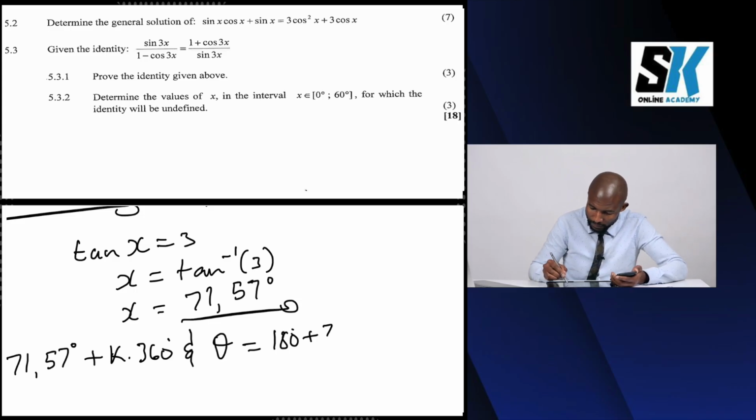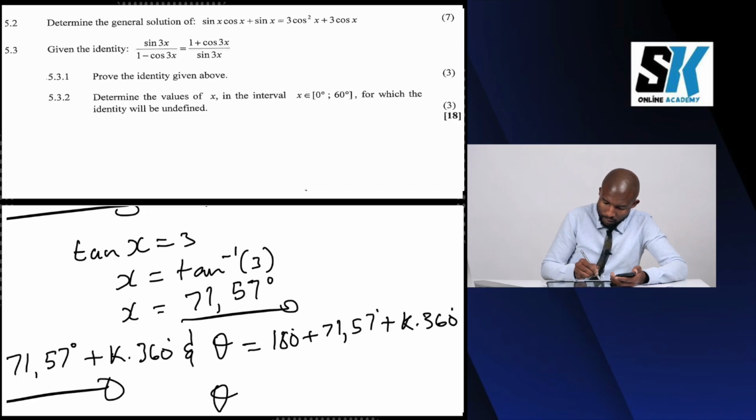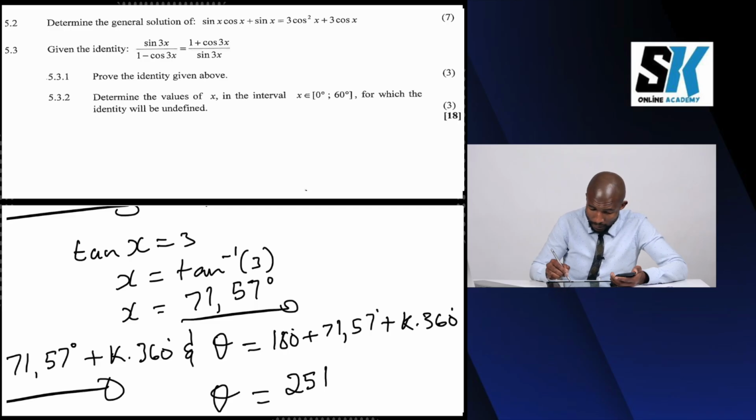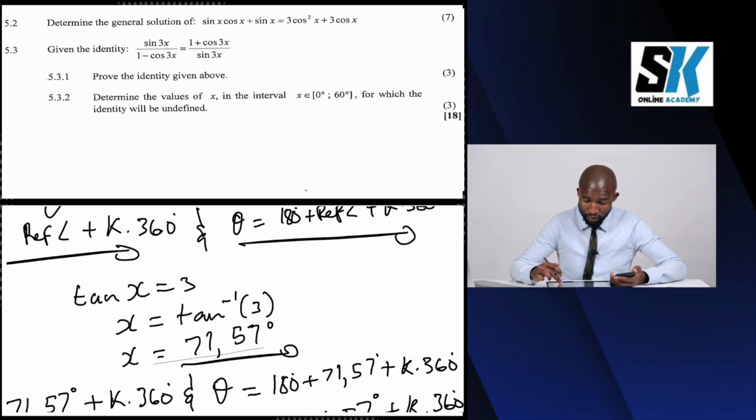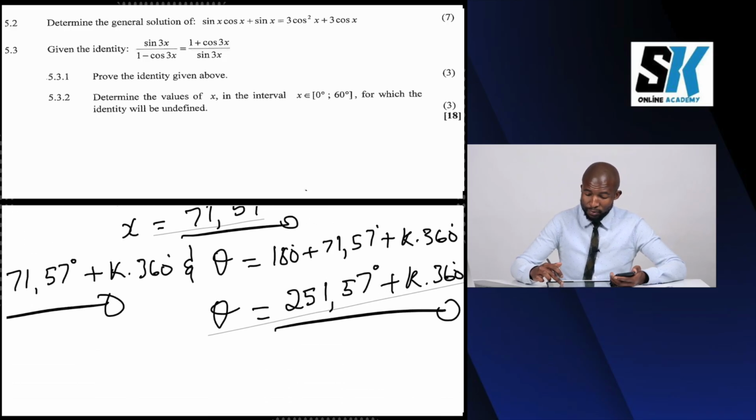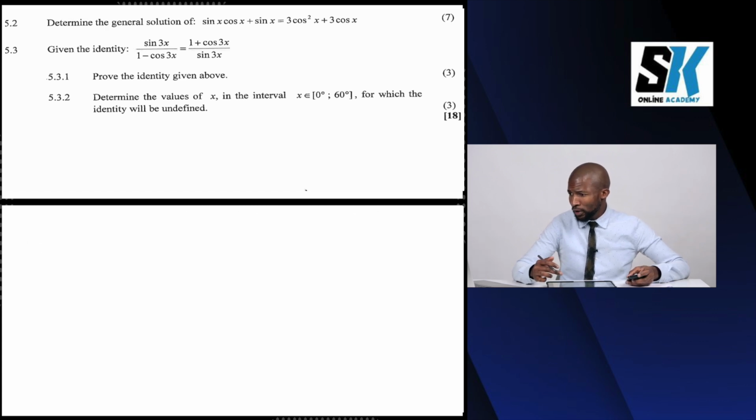Or let me just substitute it first before I add it. 71.57 plus k 360. So okay, we already got this one. So here it's going to be theta equals 251.57 degrees plus k 360. So that would be your general solution. So that is how you get your full 7 marks on that equation.